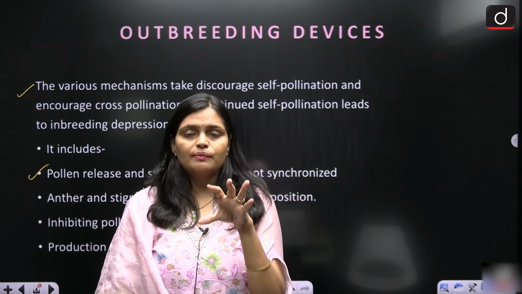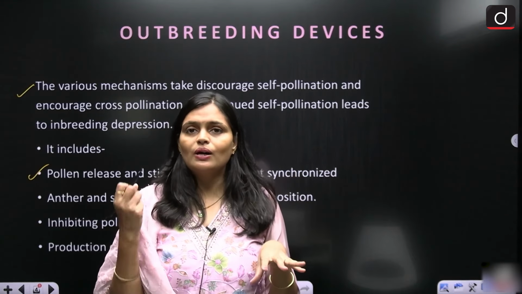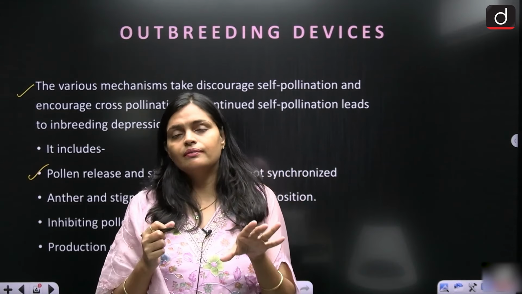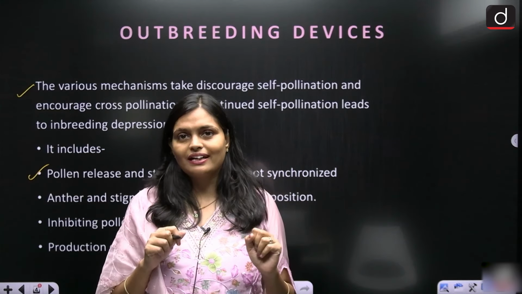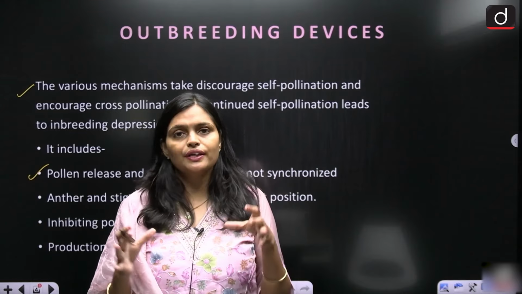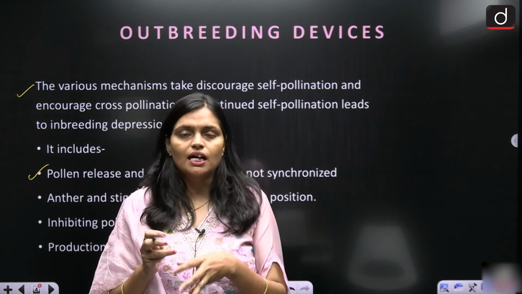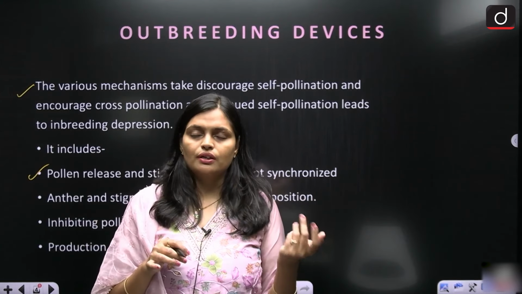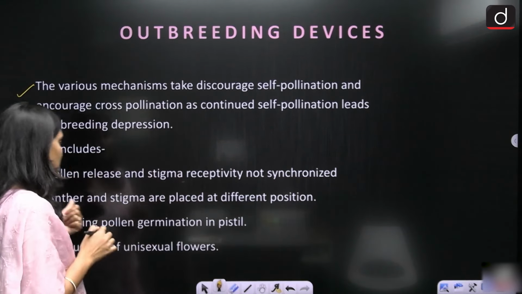So this is one of the methods: okay, the pollen has come but the stigma is not mature yet, so that will prevent what? Self-fertilization. Both have to be mature, then only fertilization takes place, na. So pollen releases, but in the same flower the stigma is not mature. So this is one of the methods.